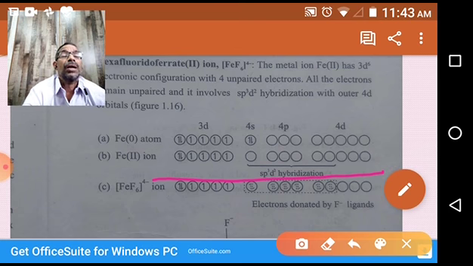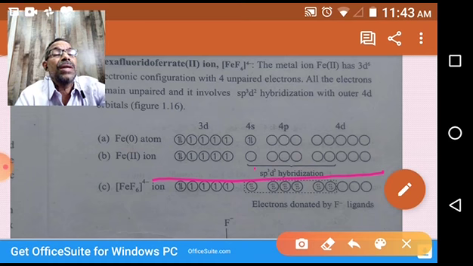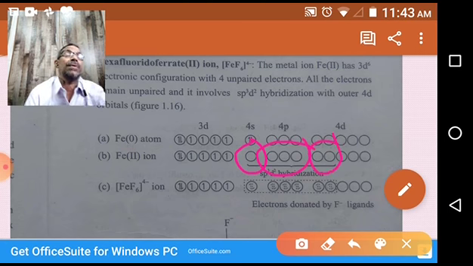Then what happens in the presence of fluoride ligands? Electron pairing doesn't happen. This 1 4s orbital, 3 4p orbitals and 2 4d orbitals are involved in hybridization. Due to this hybridization, we are getting sp3d2 hybridized 6 orbitals.